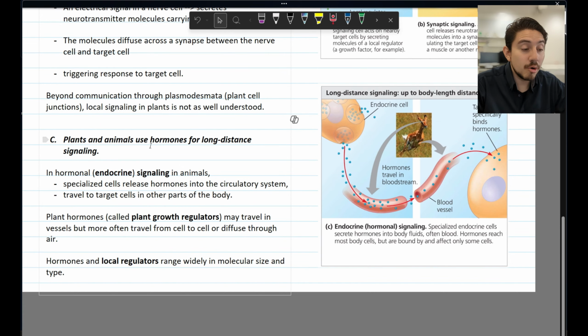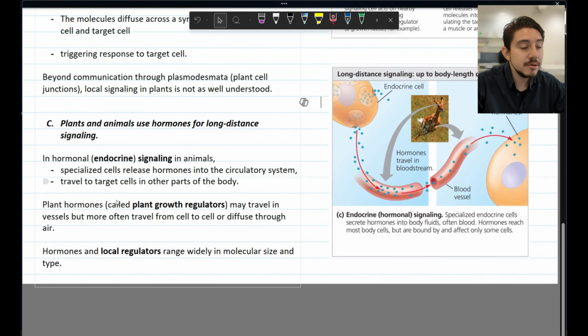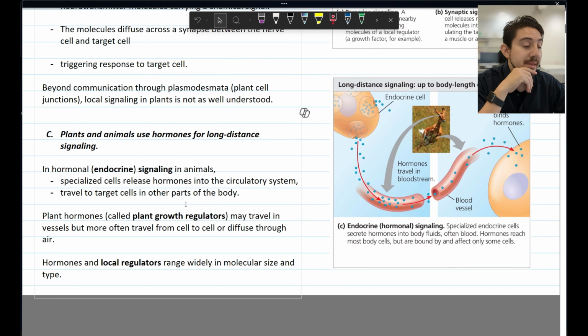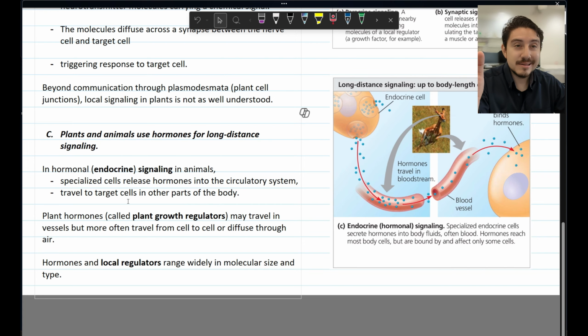Plants and animals use hormones for long distance signaling. In this case, you have what are called endocrine signals, where specialized cells release hormones into the circulatory system. The hormones will travel all throughout the circulatory system, all throughout our blood, until they reach a target cell somewhere else in the body.